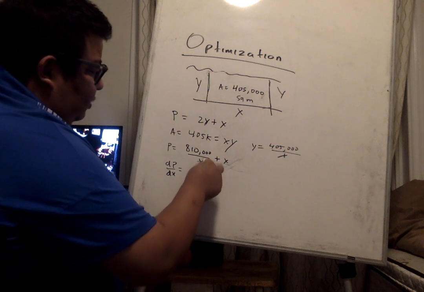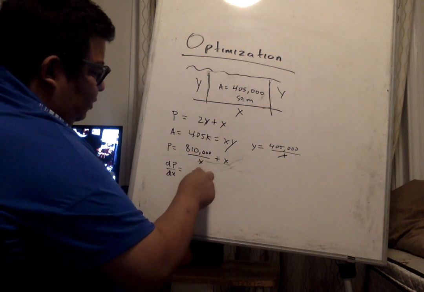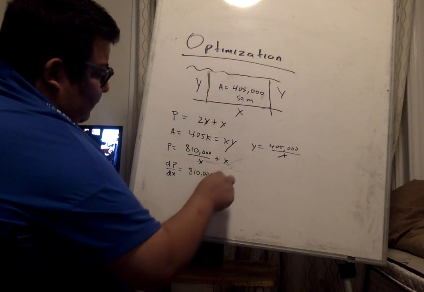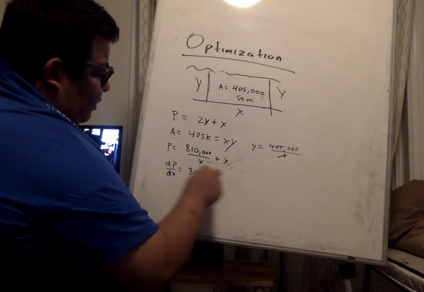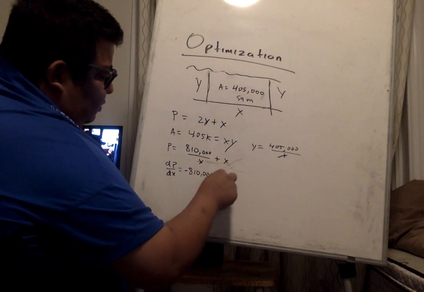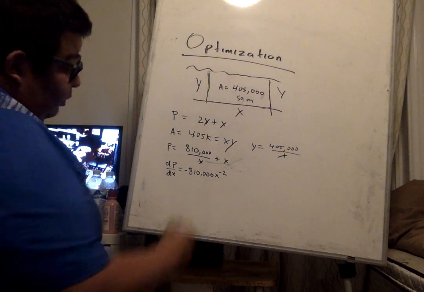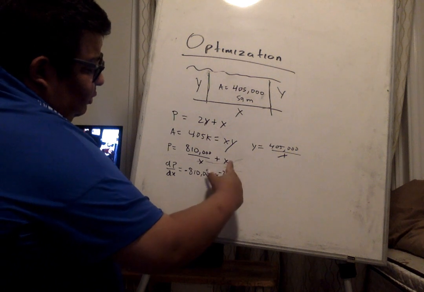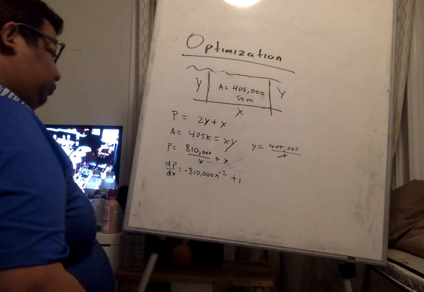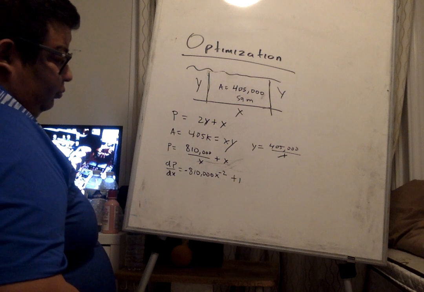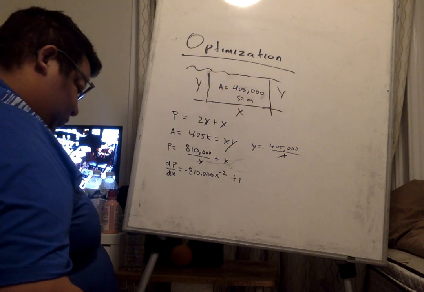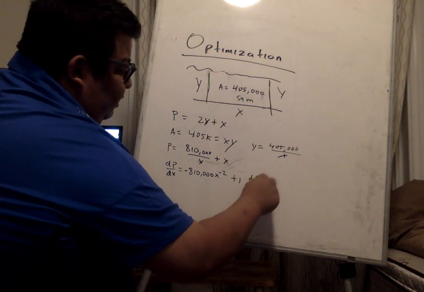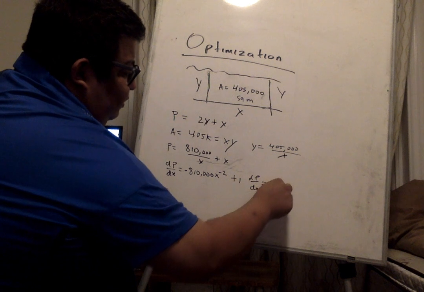Okay, so basically we're going to bring down the exponent: 810,000 times x to the minus 1 becomes minus 810,000 x to the minus 2. Taking the derivative of the second term, the derivative of x is just plus 1. Now we set this equal to 0. Set dP/dx equal to 0.